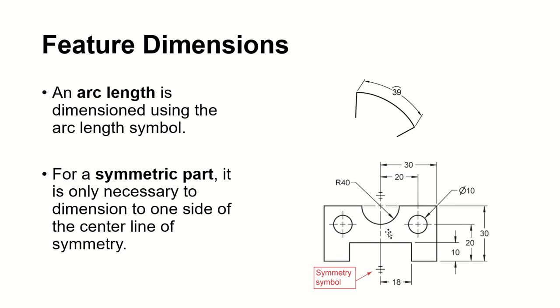So we use a symmetry symbol to dimension. From here to here is 18, from here to the center is 20, so you don't have to label the other part at all because they are symmetric to each other. And from the mirror line to the end of that part is 30. So you only have to label your dimension one time.